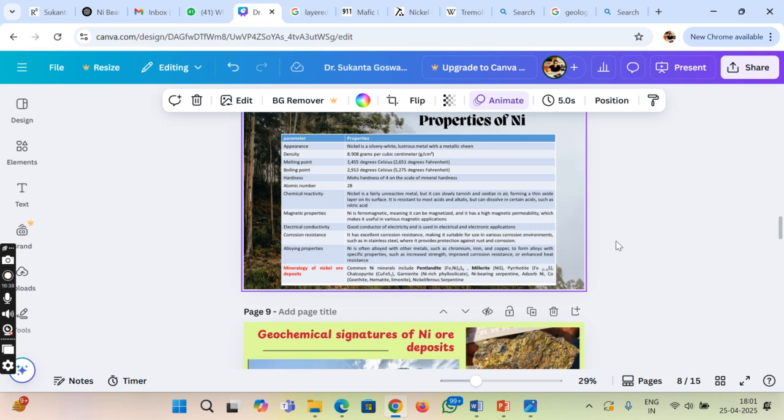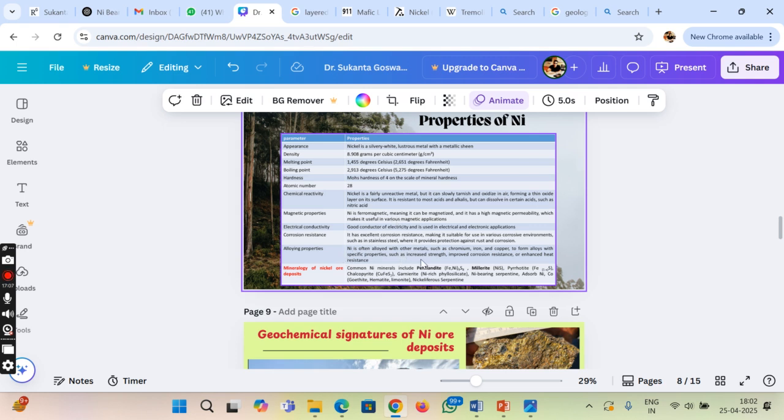On the Mohs scale of hardness, its hardness is 4, like apatite. Atomic number is 28, and chemically it is not that reactive, corrosion resistant. It has magnetic property just like iron, ferromagnetic. Electric conductivity, it is a good conductor.